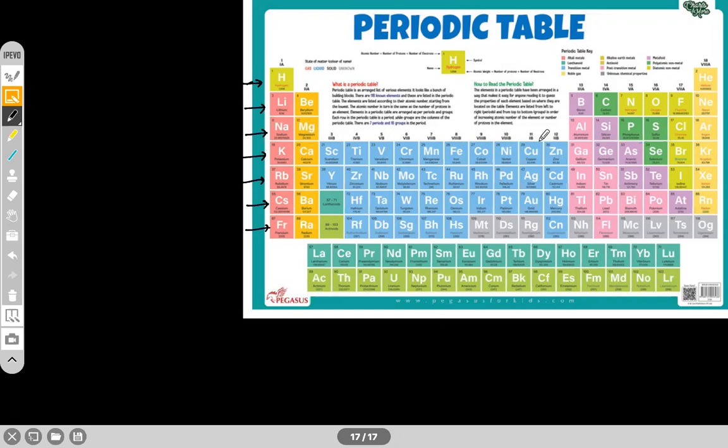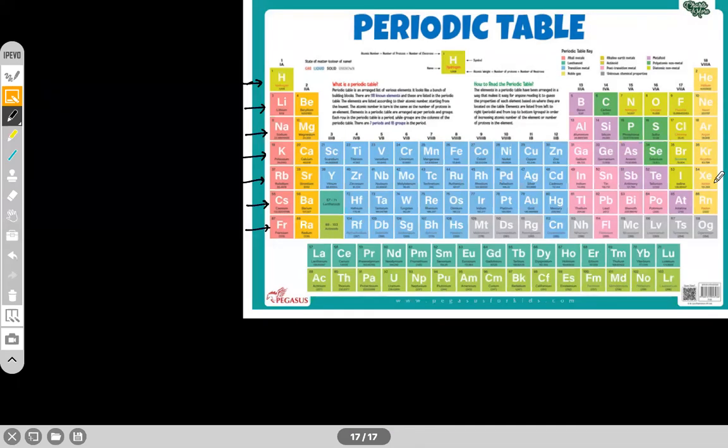This one is again A: 1A, 2A, 3A, 4A, 5A, 6A, and so on, till here 7A. And this one is the 8A group. Correct?